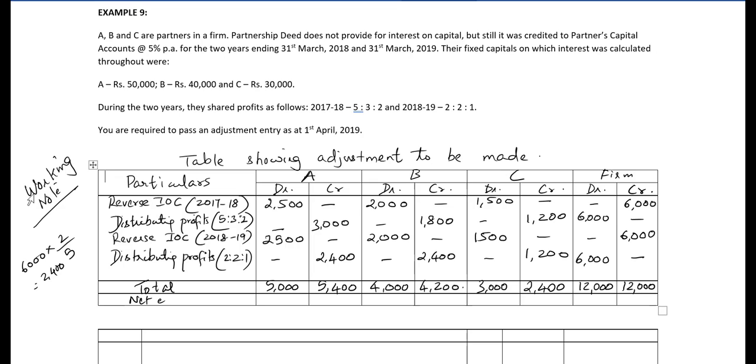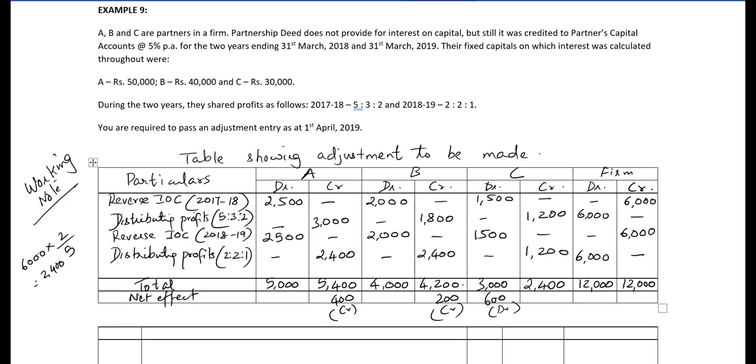Let's go ahead and find out the net effect. 400 credit for A, 200 credit for B, and 600 debit for C.